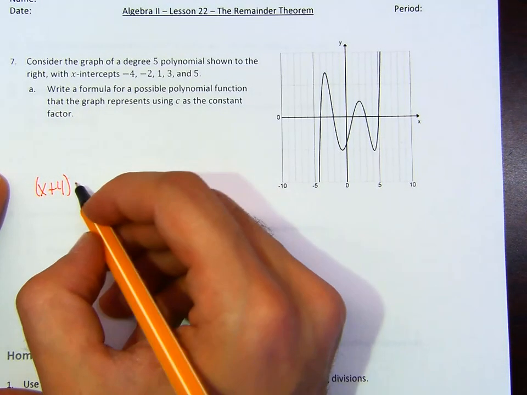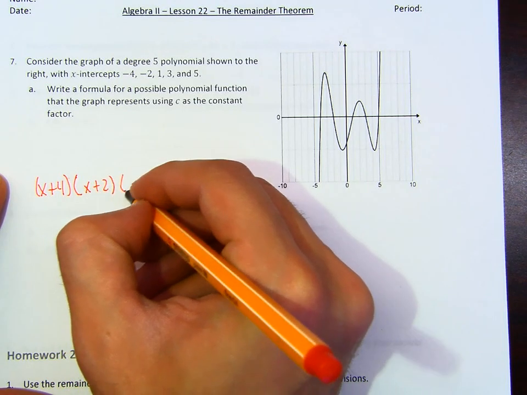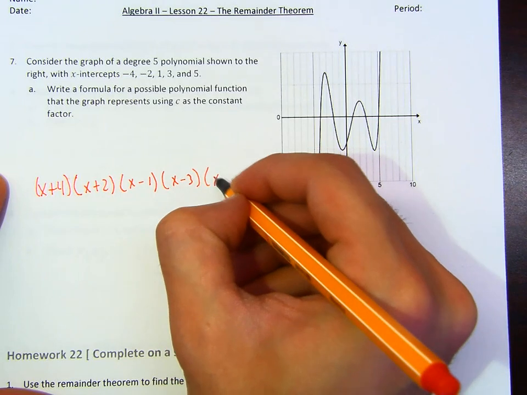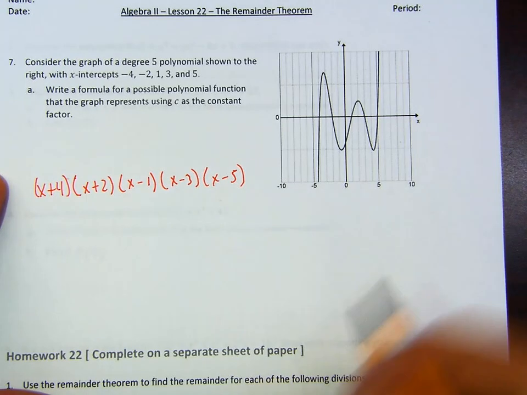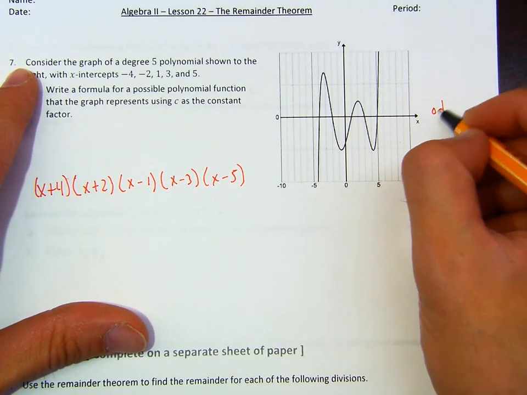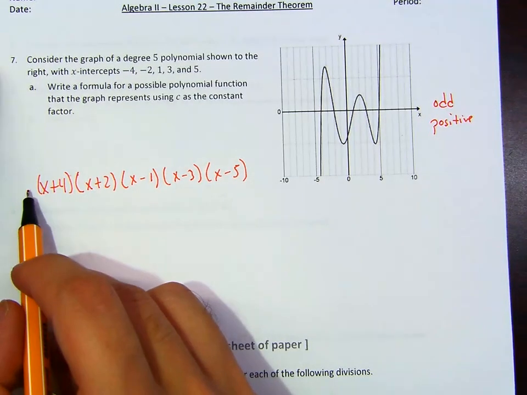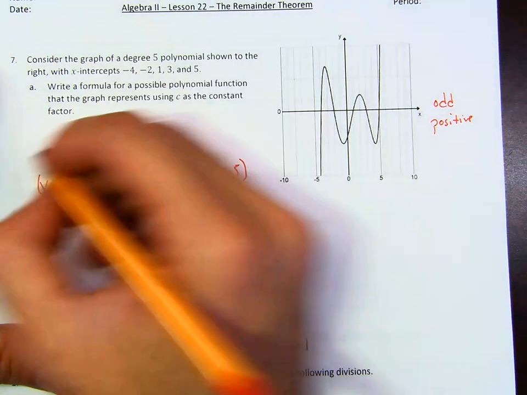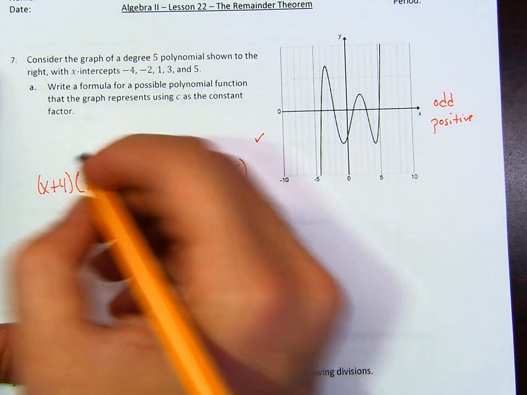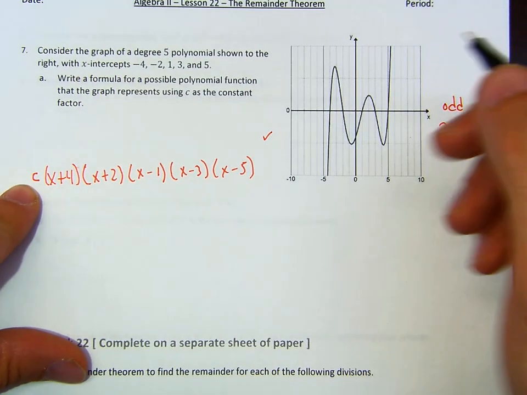If you want to see how it's done, it's x plus 4, x plus 2, x minus 1, x minus 3, x minus 5. And what's the dance move for this? It's odd positive. So you know that the leading coefficient over here is positive, so this is okay. But you never know if there's a value of c over here, so they're just saying put a c over there. And I'll talk about that later in class.